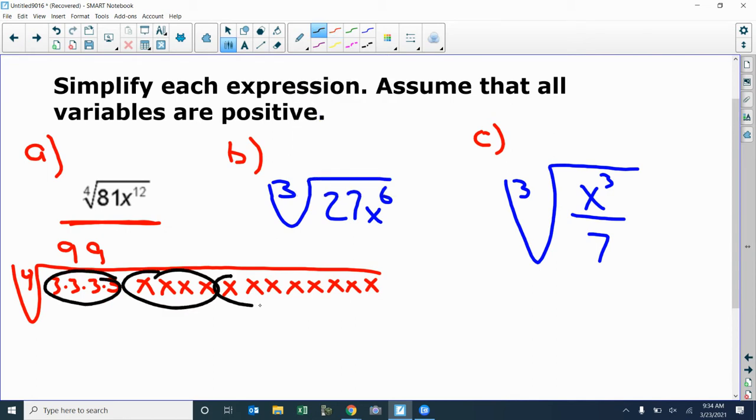There's a set. There's another set. And there we go. And there's nothing left over, is there? So basically, this simplifies to 3x to the 3rd. Whatever the index is, that means we need that many of those things underneath the radical to come out. See what you can do with letter B.